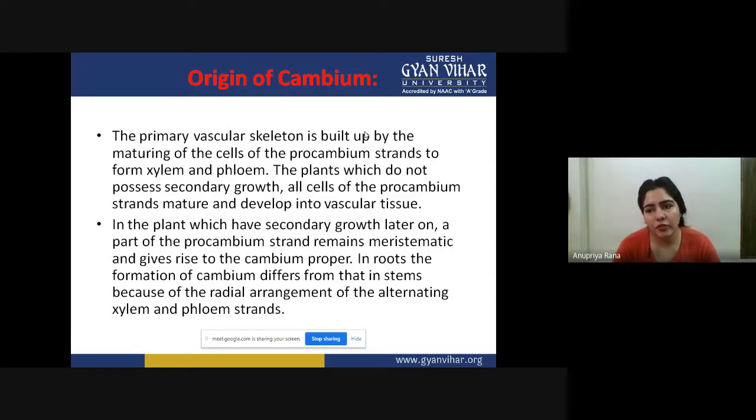In the stem, the xylem and phloem are present parallel to each other. Okay, they make a ring and are present parallelly. But in the case of the root, they are present radially in an alternating fashion, like xylem inside, then phloem, then xylem. So because of their arrangement, they have a different way of maturing into the cambium.